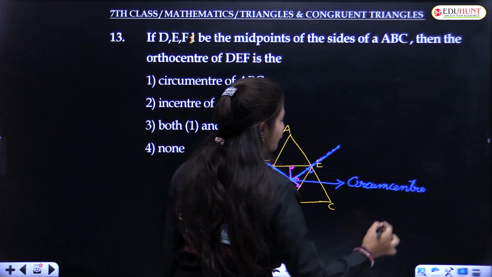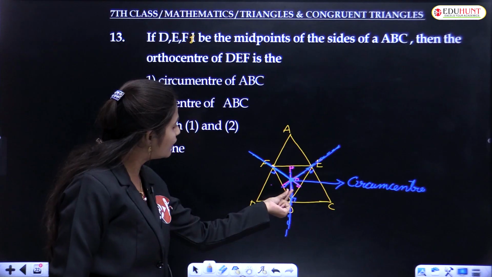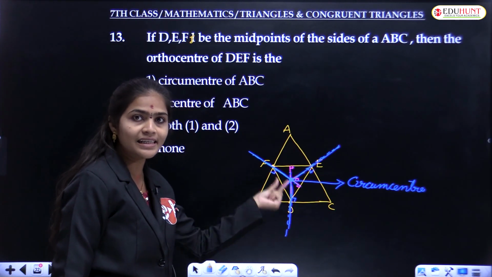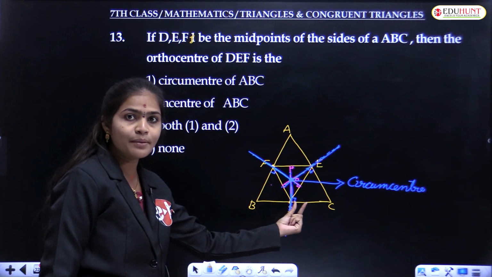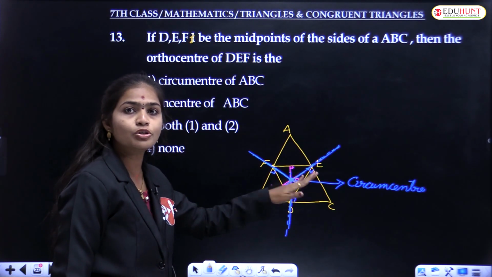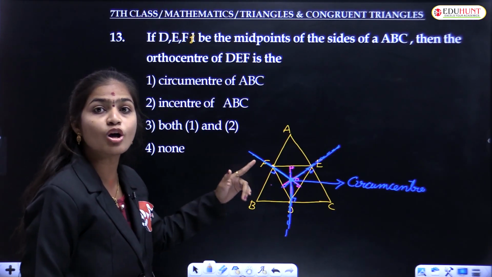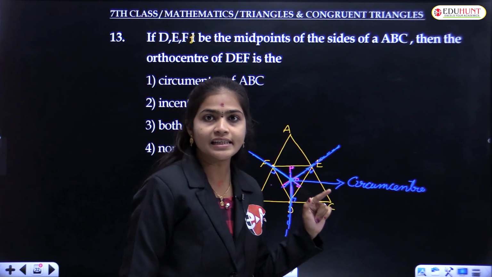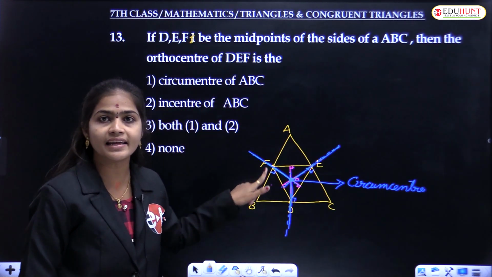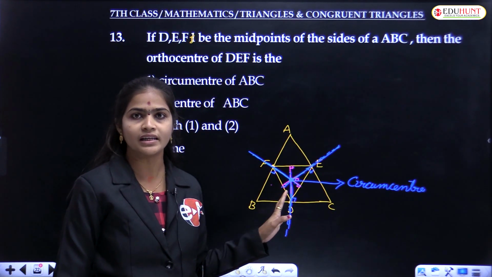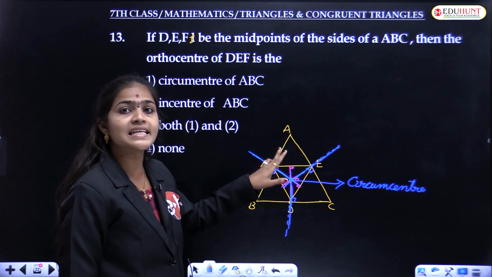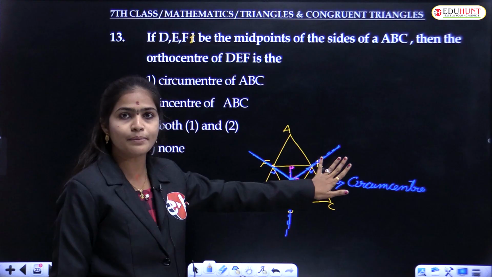So children, don't be confused: in the triangle DEF, here O is the orthocenter. Actually this point is the orthocenter of the triangle DEF. When you observe the same lines in the complete triangle ABC, those altitudes of the triangle DEF become the perpendicular bisectors of the triangle ABC, when you observe this carefully. So that's why this orthocenter becomes the circumcenter of the triangle ABC.